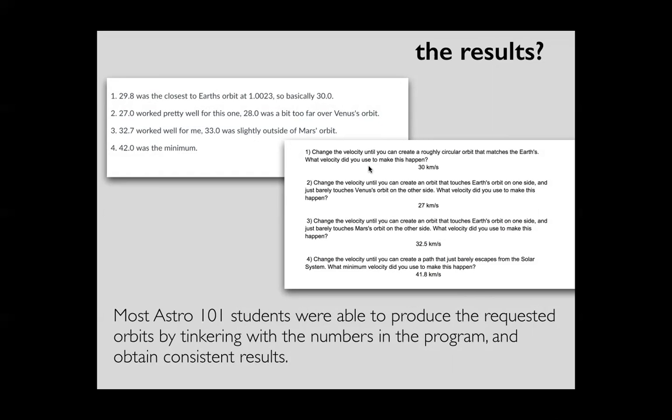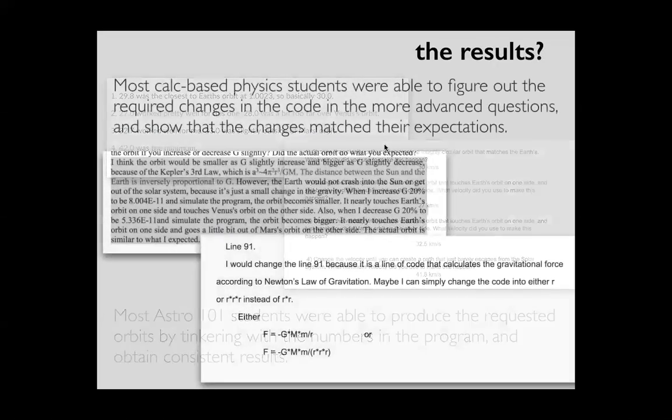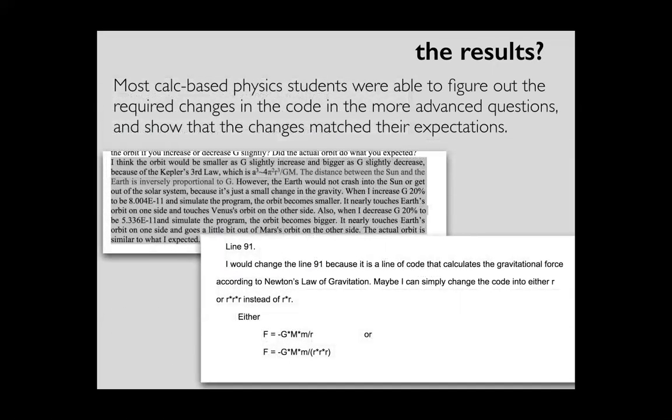So this gives me confidence that should I decide to do a lab like this in the future, it is not something that will frighten off all the students, having to dig around in the code and mess around with stuff. For the students in my calc-based course for physics majors, that's Physics 202, most of them were able to figure out where in the program to make the required changes and to show that the changes, when they made them, matched their expectations.